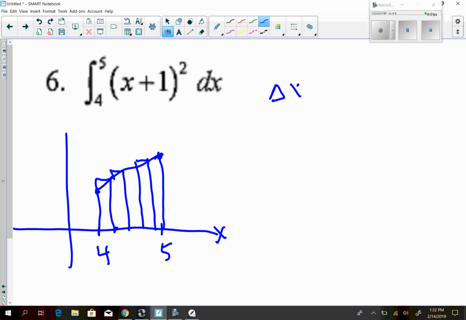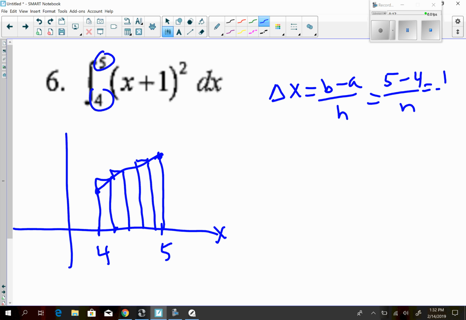We're going to make the width of each rectangle b minus a over n. B is 5 and a is 4. N is the arbitrary number of rectangles. So 1 over n is the width of each rectangle. That means this x-coordinate is 4 plus the width. This x value on the x-axis is 4 plus 2 times 1 over n. 4 plus 3 over n, and so on.